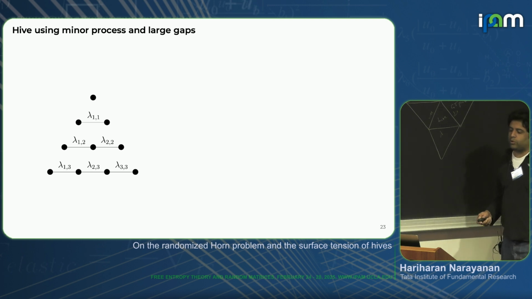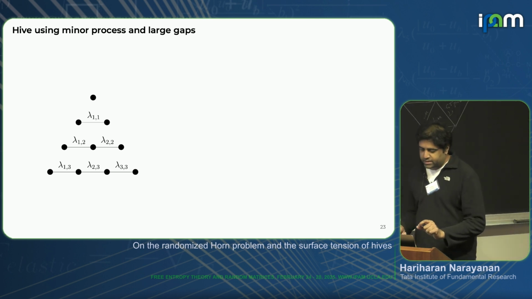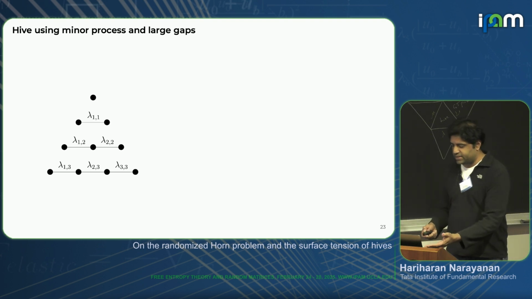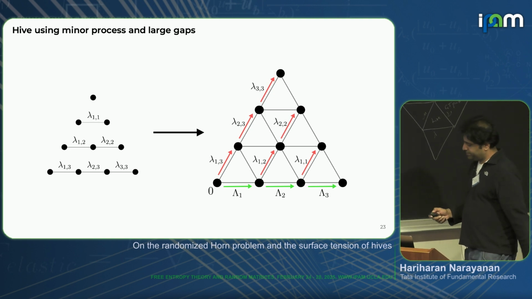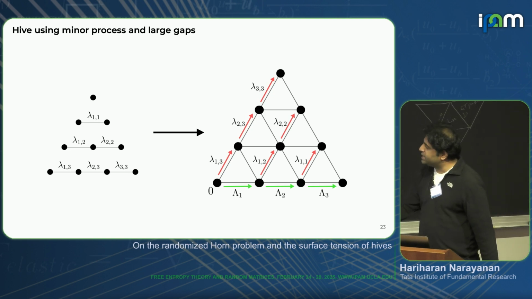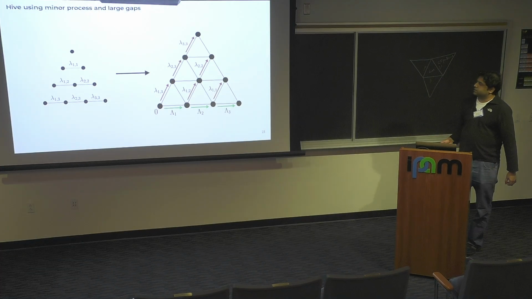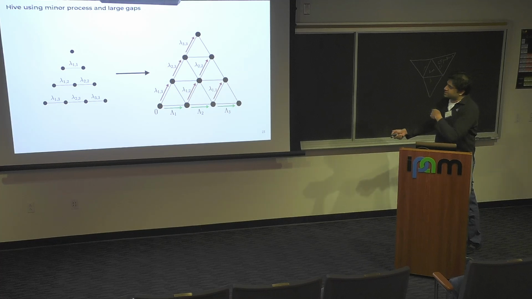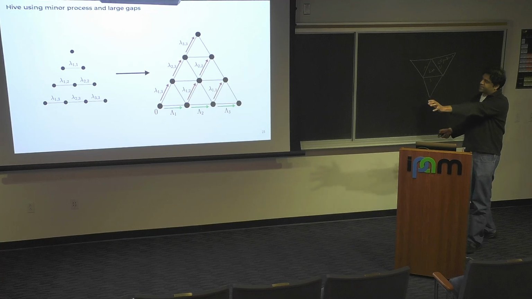What we want to do is pick a random Gelfand-Tsetlin pattern and turn it into a hive by using large gaps. So this is a Gelfand-Tsetlin pattern. We have turned it on its side, and we are putting large gaps here, lambda 1, lambda 2, lambda 3. These are so big that when I enforce these differences here, I'm guaranteed to get a hive from that Gelfand-Tsetlin pattern.